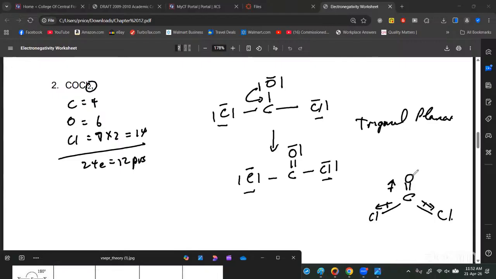But here's the thing. Oxygen is different from the 2 chlorines, right? So you don't expect this to be of the same magnitude as this or this. So therefore, they won't cancel out each other, right? Because you have 3 different atoms here. So you'd expect the molecule to have a net polarity, which is a non-zero value.